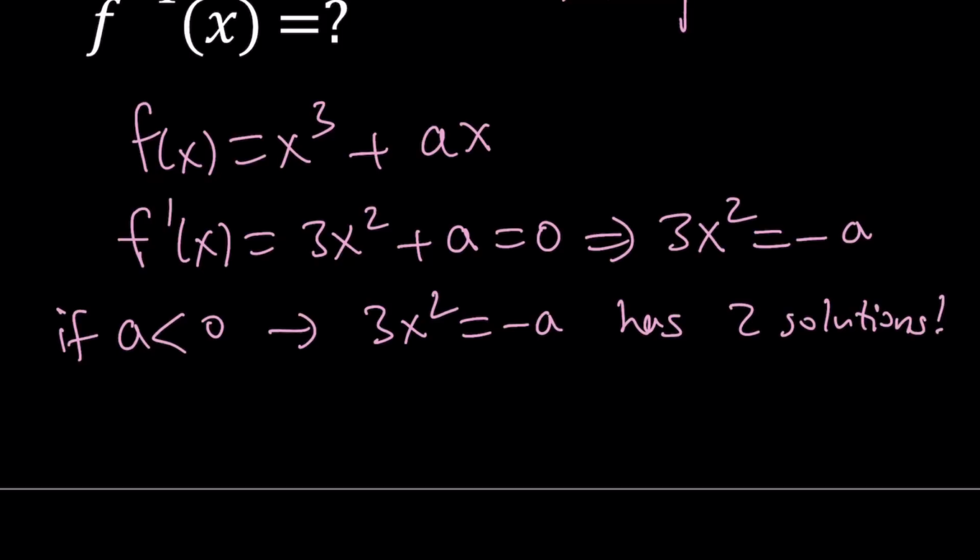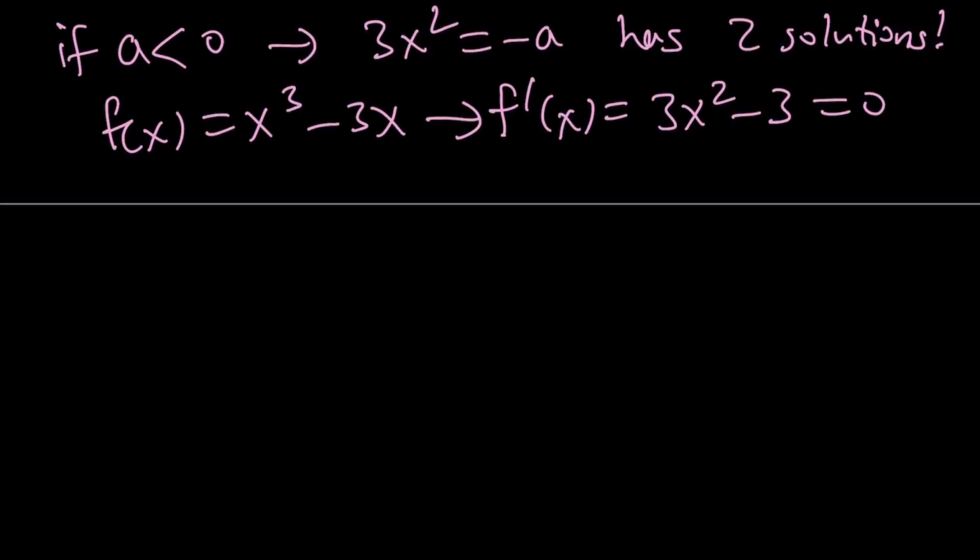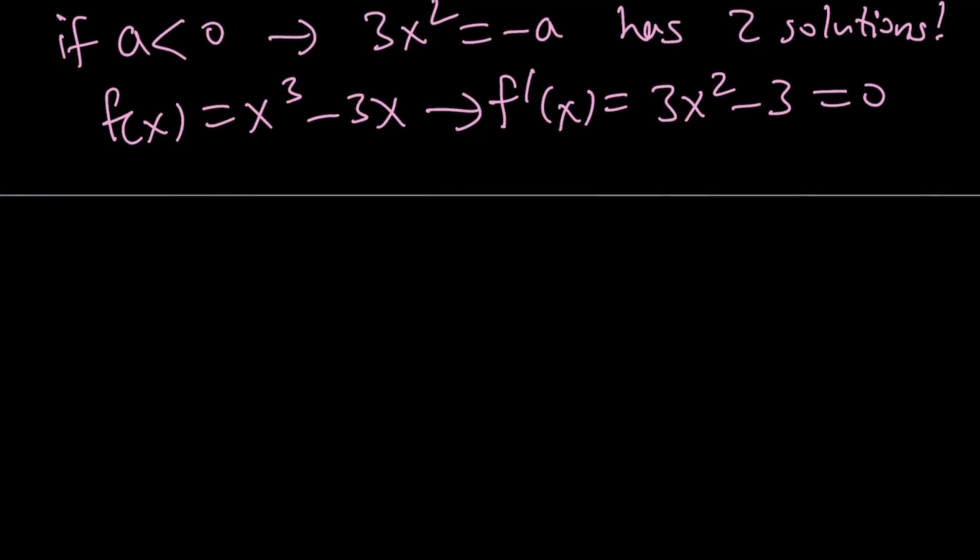For example, suppose we have f of x equals x cubed minus 3x. The derivative is 3x squared minus 3, set it equal to 0, and you get two x values. So f is going to curve in this case, it's going to turn around. That's what I mean by curving. Of course, there are always curves, but you get the idea, hopefully.